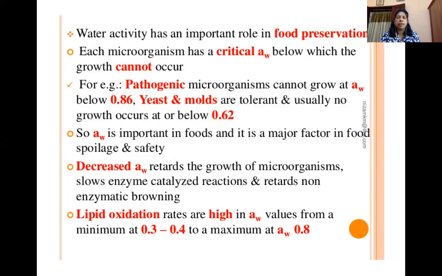Lipid oxidation rates are high at certain water activity values, from a minimum at 0.3 to 0.4 to a maximum at 0.8. So now here it's giving a kind of range. In this range, what happened to the microorganisms, to the lipid oxidation, to the enzymatic browning, to the chemical reactions?